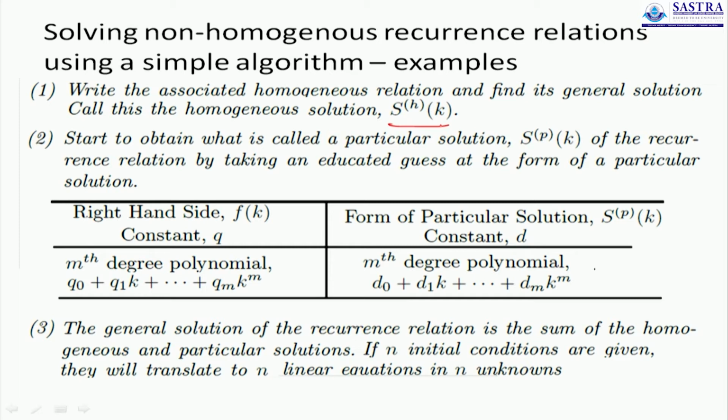We are retaining the nature of the function for the particular solution, and the complete answer is obtained by the sum of the two. The answer from step 1 and the answer from step 2 are added together to give a general solution. And if you are also provided with initial conditions, we will also be able to solve for the constants involved in step 1.